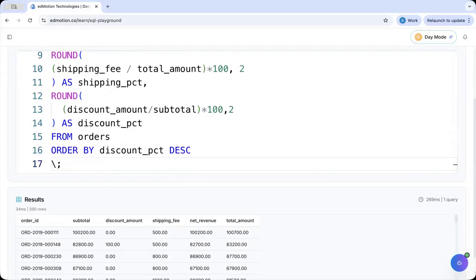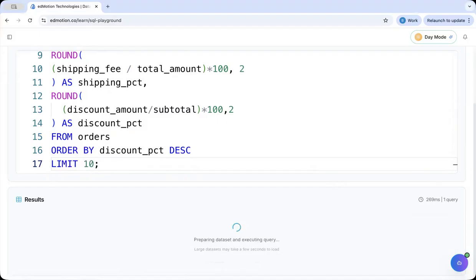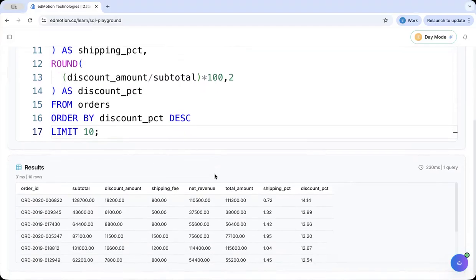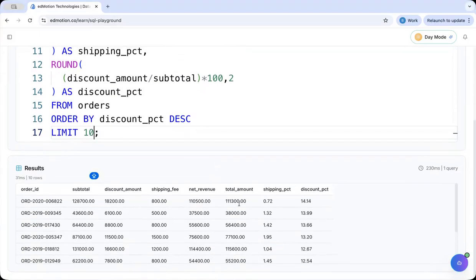And I just want to see maybe 10 of them. All right, so I will do a limit of 10. Now let's run this and see what we have. Okay, cool. So we could see that this order ID has the highest discount rate.